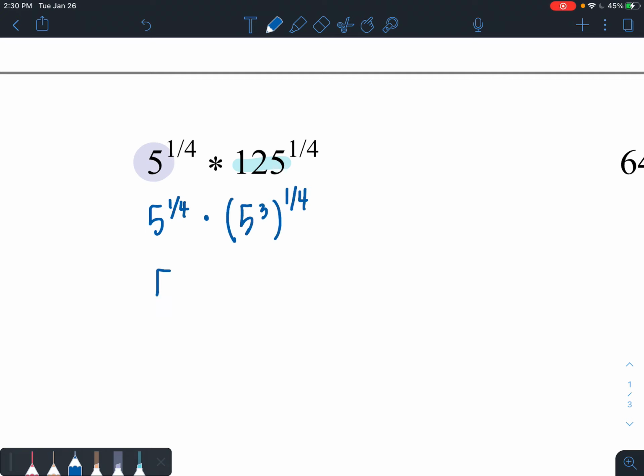So then I can write this as 5 to the 1/4 times 5 to the 3/4. We add our exponents, we get 5 to the 1/4 plus 3/4, just 5 to the 1, equaling just 5.